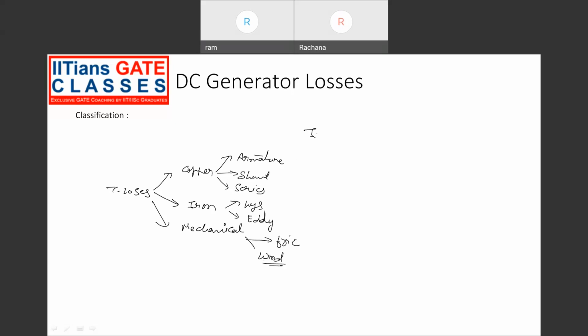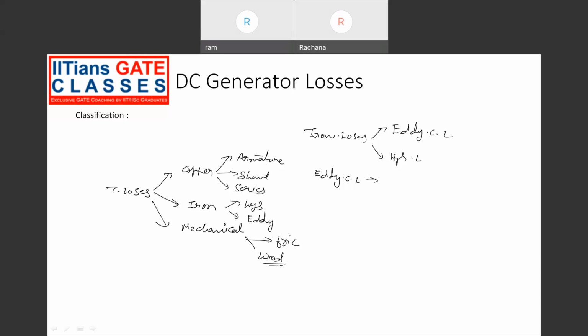Let's talk about iron losses, which are further classified into eddy current loss and hysteresis loss. Eddy current losses are produced due to the flow of currents through the armature. Whenever currents flow through an armature, the armature provides a closed path for these currents.